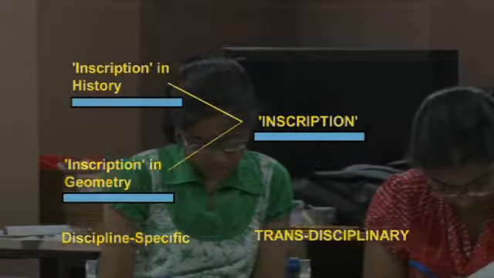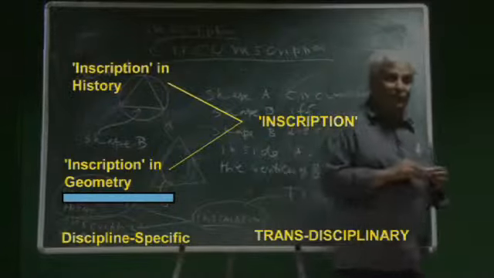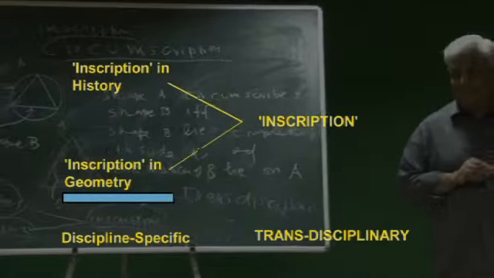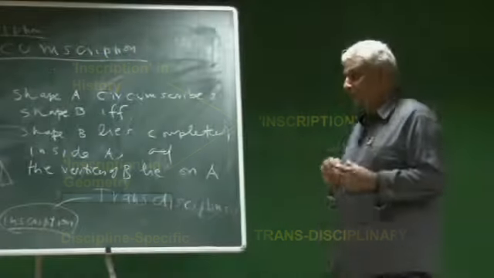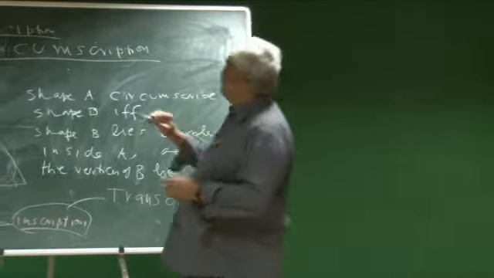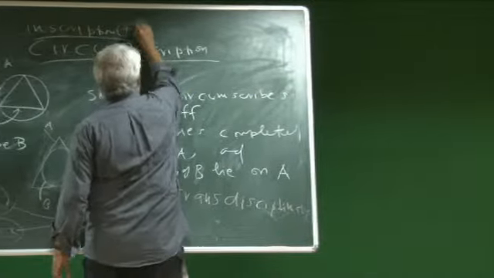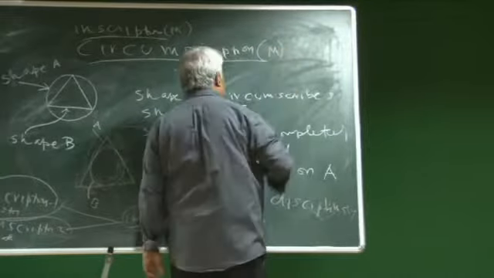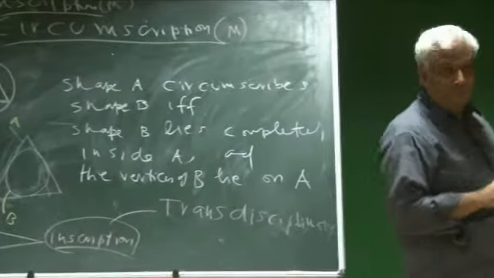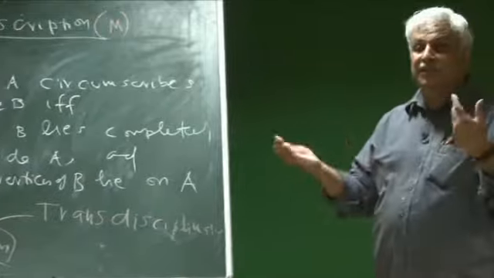For now, I'm going to focus on the math inscription. So the question that I'm asking you is, this is inscription M and circumscription M, meaning math. Are they inverses of each other?